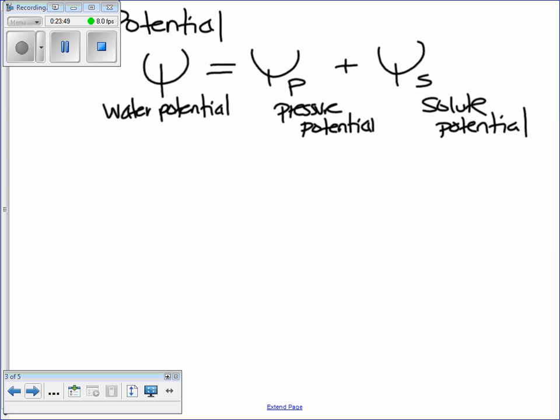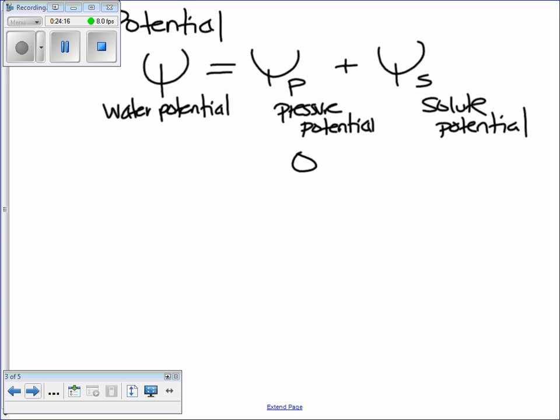If you did the background reading, you should have read that under normal atmospheric conditions, sea level, what is the value assigned to pressure? Open system at normal sea level. Pressure is assigned 0.